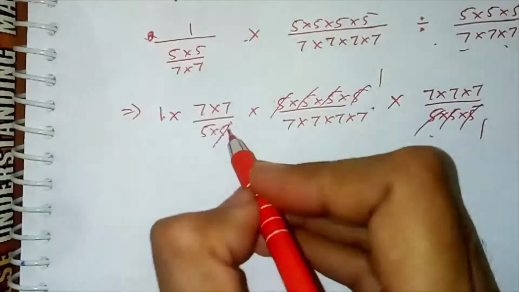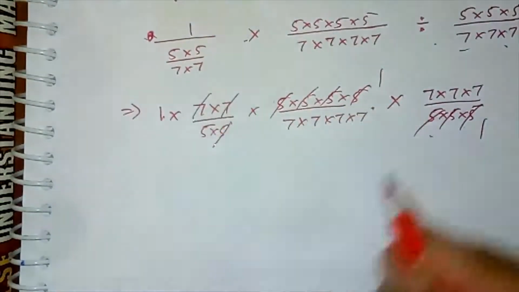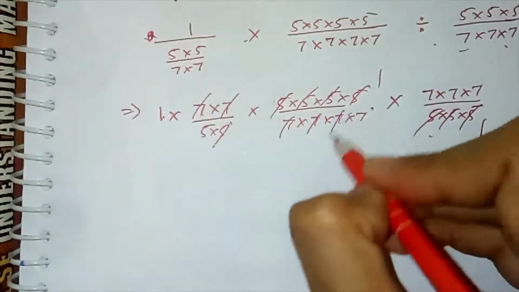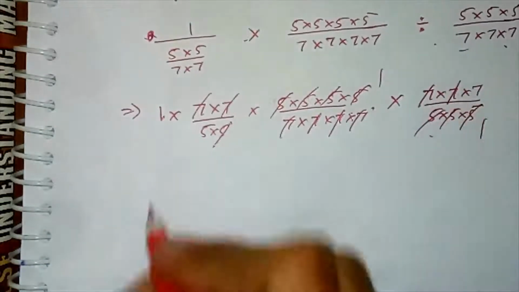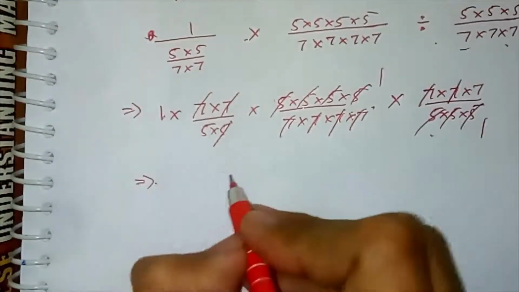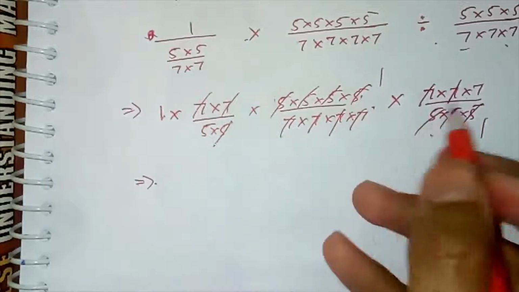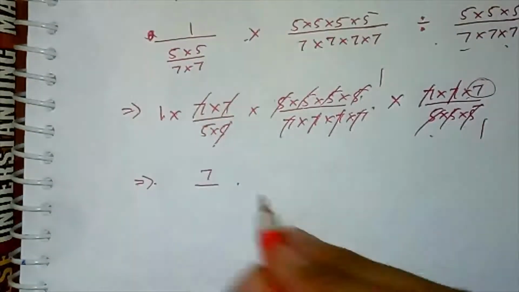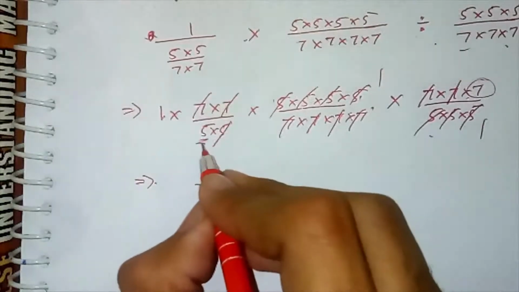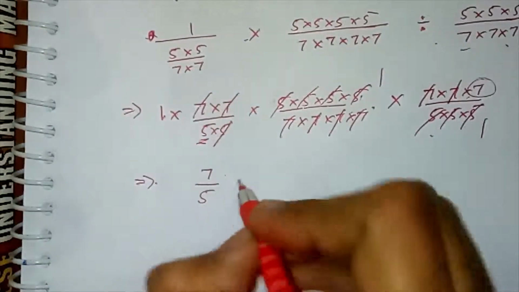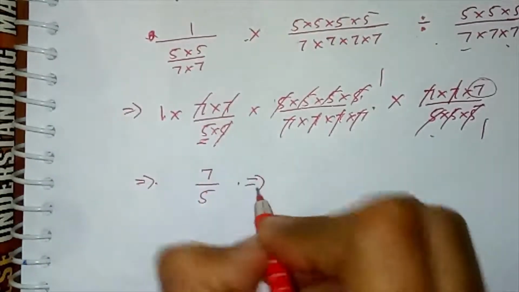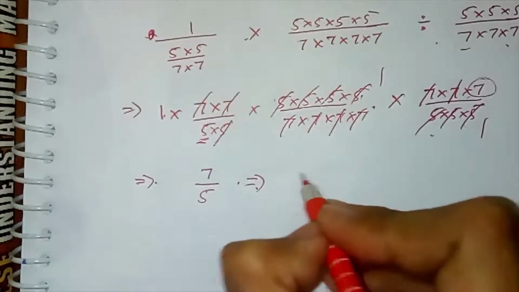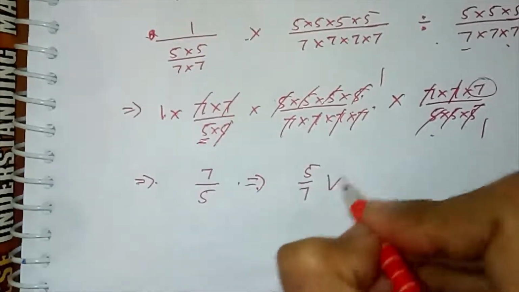Now there's no more 5 in the numerator. 1 2, 1 2, 3 4, 3 4, done. So what's left? 1 into 1 is 1. Only 7 is left in the numerator, so we write 7, and only 5 is left here, so I'll write 5. The multiplicative inverse of 7 by 5 is 5 by 7. So it's the correct answer.